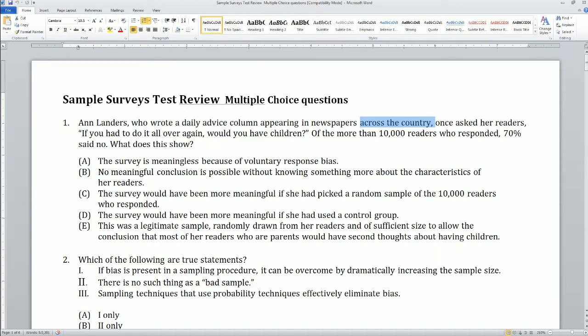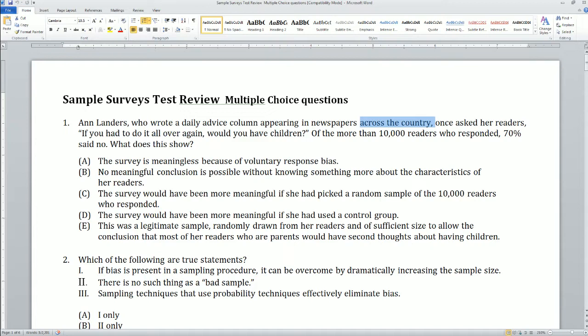Why do you say that? Because she picked at random 10,000 readers. Okay, but if she picked a random sample of the 10,000 people, these are the people who voluntarily responded. It then becomes a biased random sample because they are still volunteering to respond.